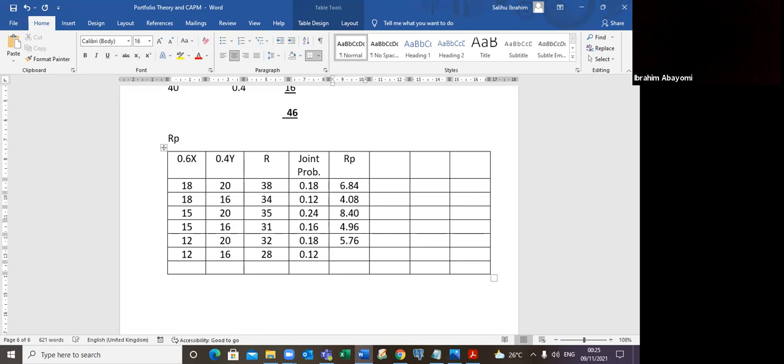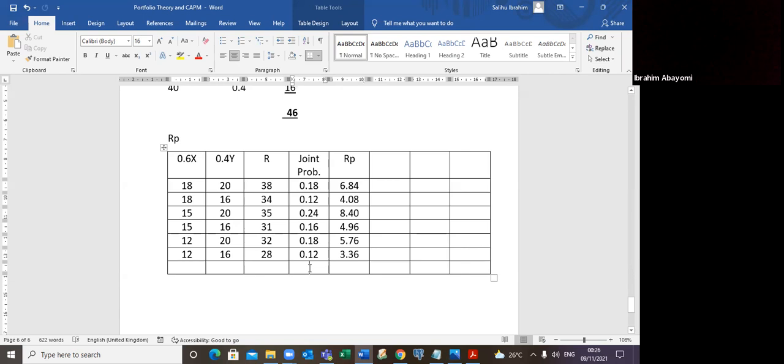Next one. 3.36. So total everything, that's our total expected return.